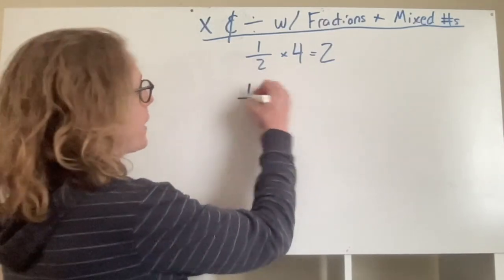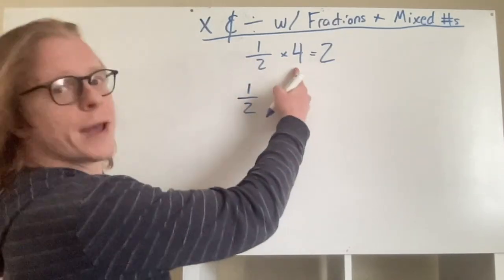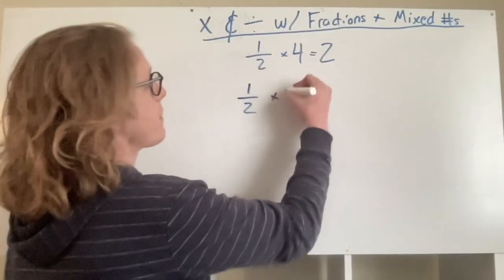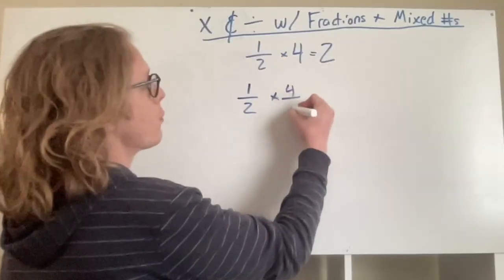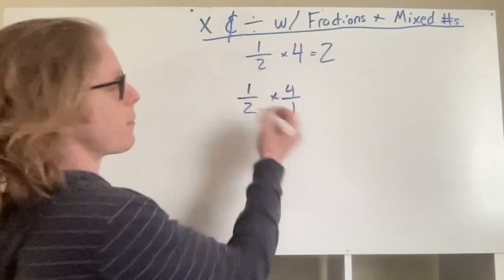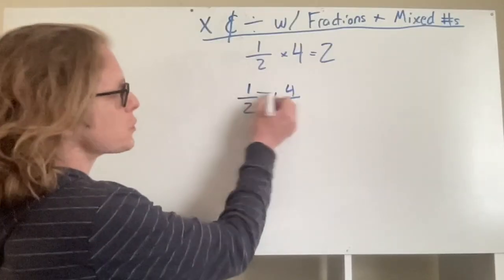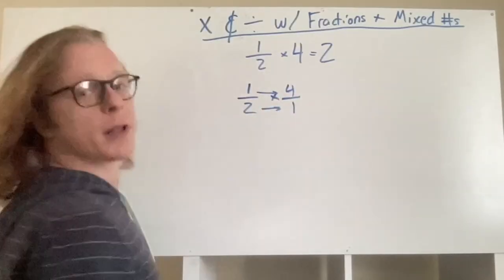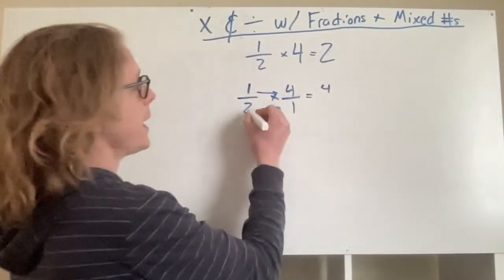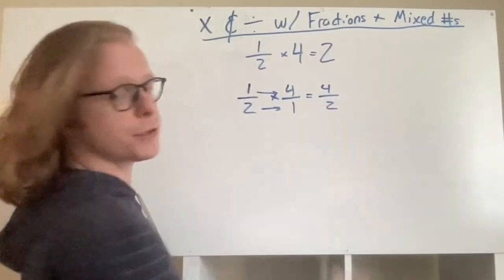So whenever we see a whole number, we have to write it as a fraction, okay? This is 4 wholes, which means if I want to write it as a fraction, it's 4 over 1, right? 4 wholes. Now from here, we just multiply the numerators and multiply the denominators. So 1 times 4 is 4, and 2 times 1 is 2.